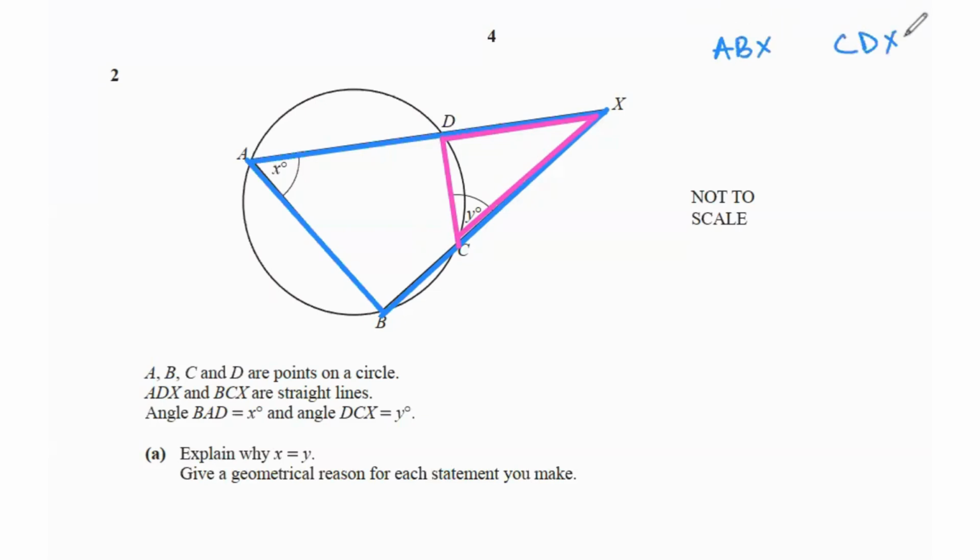ABX, CDX. Now, if you notice, angle X and Y were said to be the same. And point A and C are corresponding. So these two angles are equal.